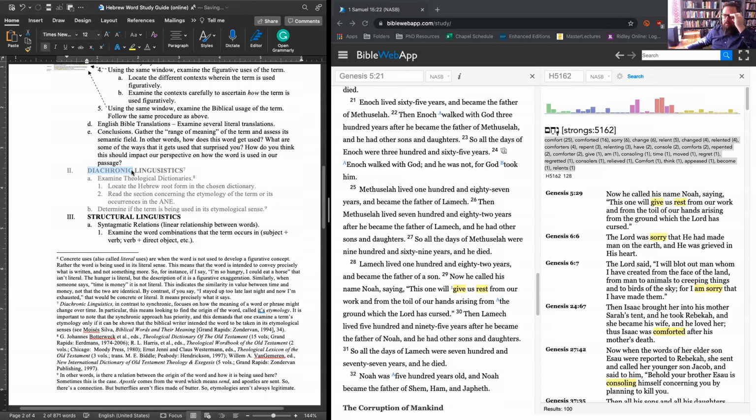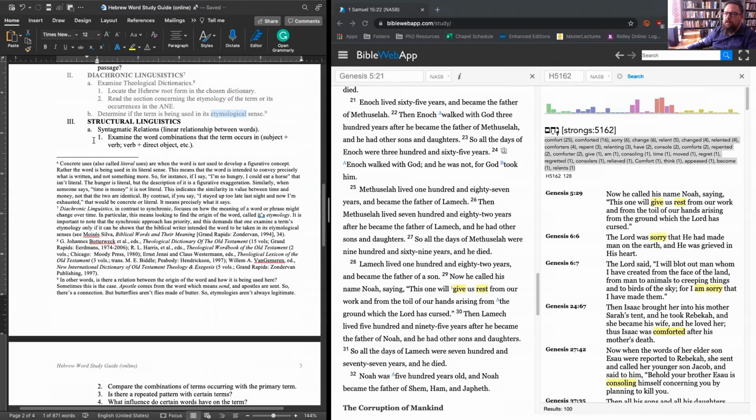The question of whether it's being used in its etymological sense is: is it being used to indicate through time, or is it indicating something else? That's what we mean when we say, is it being used in its etymological sense? The etymological sense of nacham would be to breathe, to take a deep breath. But anyway, like I said, you don't have to complete this part. I just want to explain that briefly.